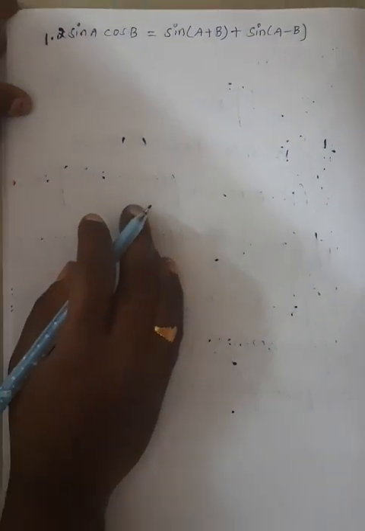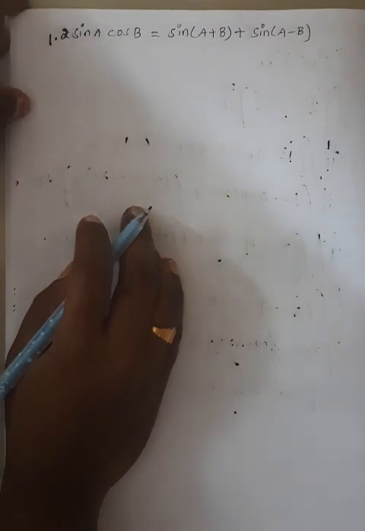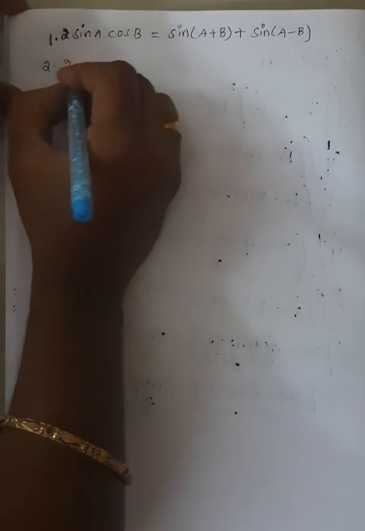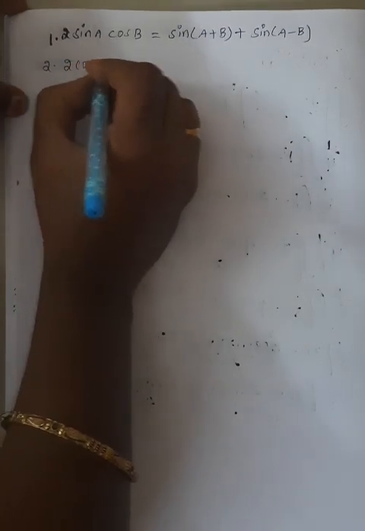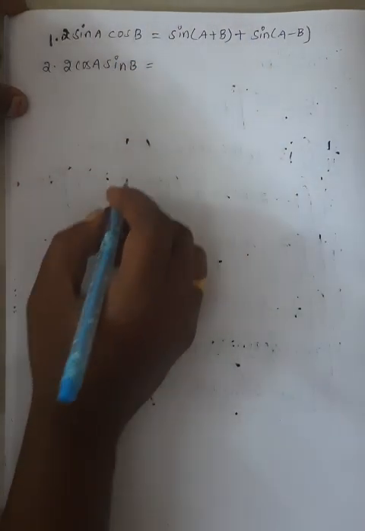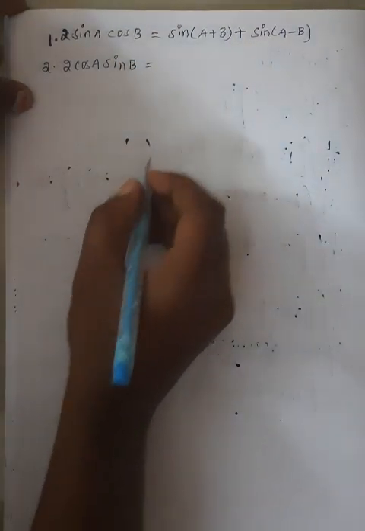Similarly, formula for 2 cos a sin b is sine of a plus b minus sine of a minus b.